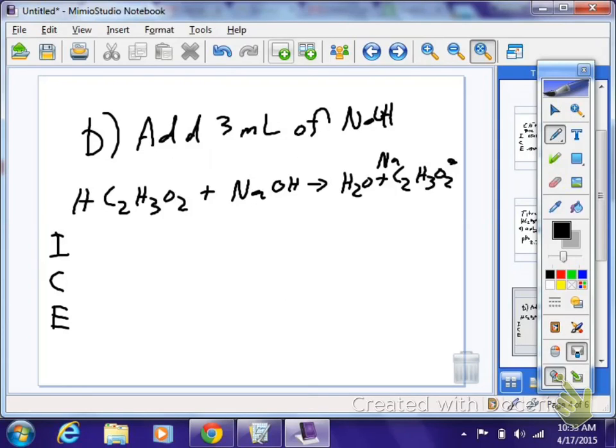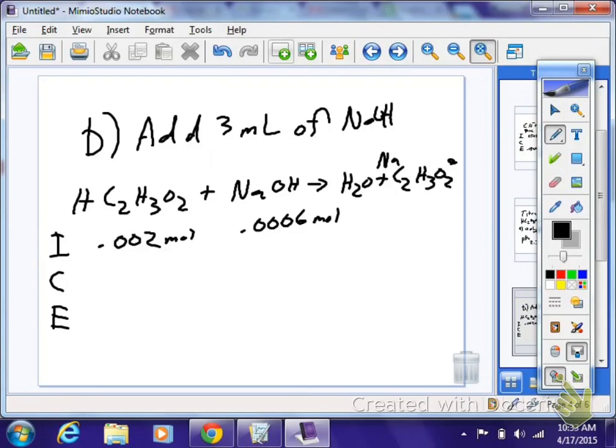If you remember, we plugged moles in, right? You guys remember we did that? We didn't do molarity. So the moles of HC2H3O2 we had to begin with is how many? 0.002? And then we added OH to it, and we added 3 milliliters, so that would be 0.003 times 0.2. And so what do you get? 0.0006.